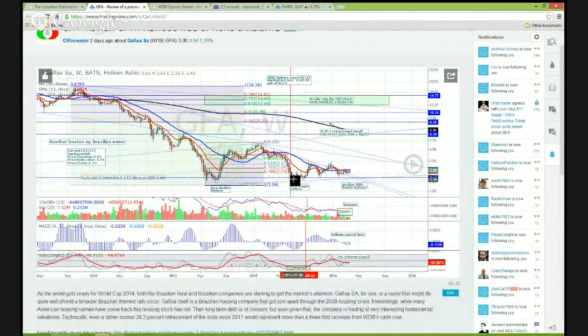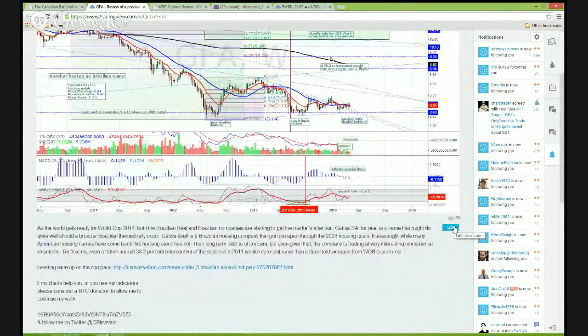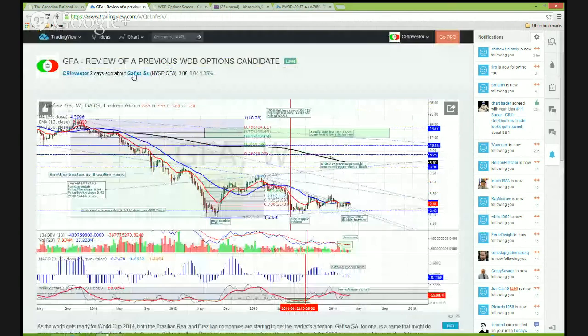It's an excellent example where, in essence, you could get paid to buy the stock. Technically, it was in a nice little buy zone. We had a nice bottom come in here, right on the WDB event. And if you look at what's happening here, number one, our cash cost has never been revisited. Here's our cash cost way down here. And now, if you look at this stock, it's starting to take off.